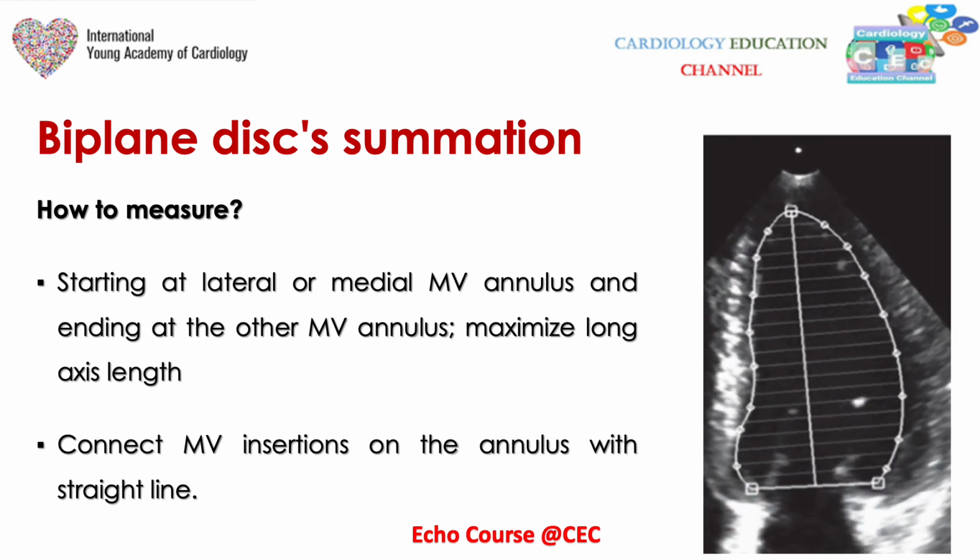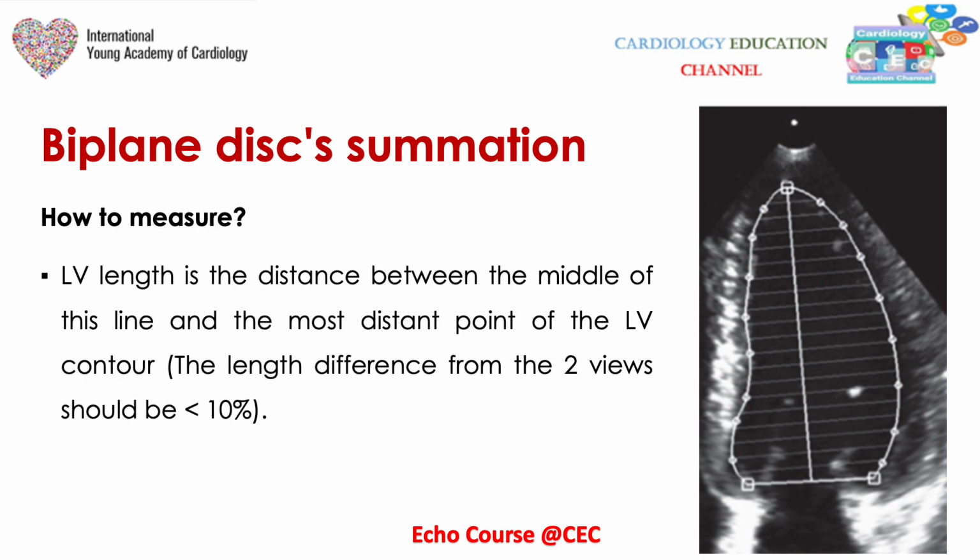You can see here, you start from either the medial or the lateral mitral annulus, and you go up, tracing the myocardium until you reach the apex, and then go down on the other wall until you reach the lateral mitral annulus. Then you connect the points between the medial and the lateral annuli by a straight line. Then a long axis is drawn, which is the left ventricular length.